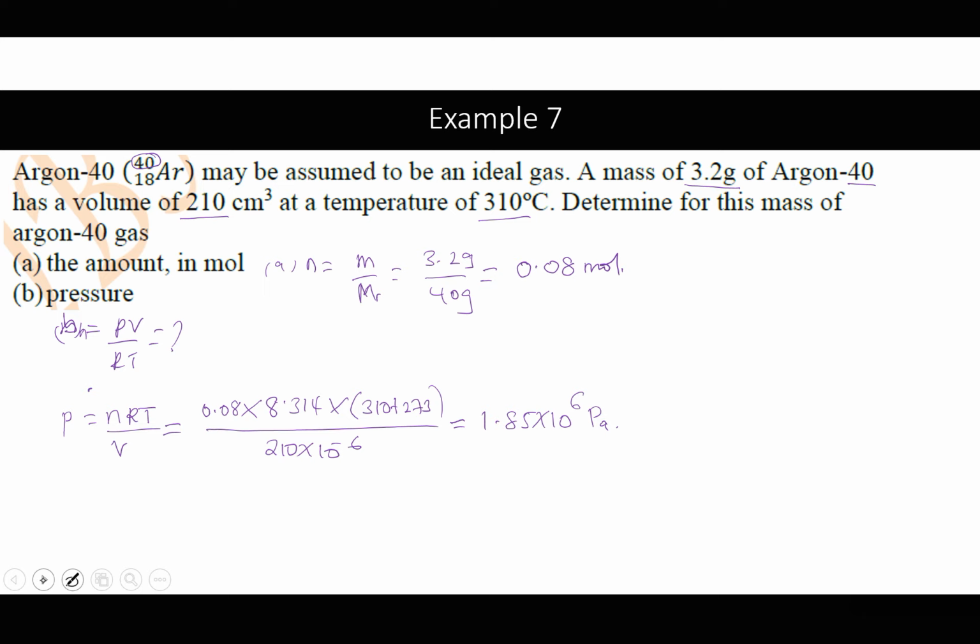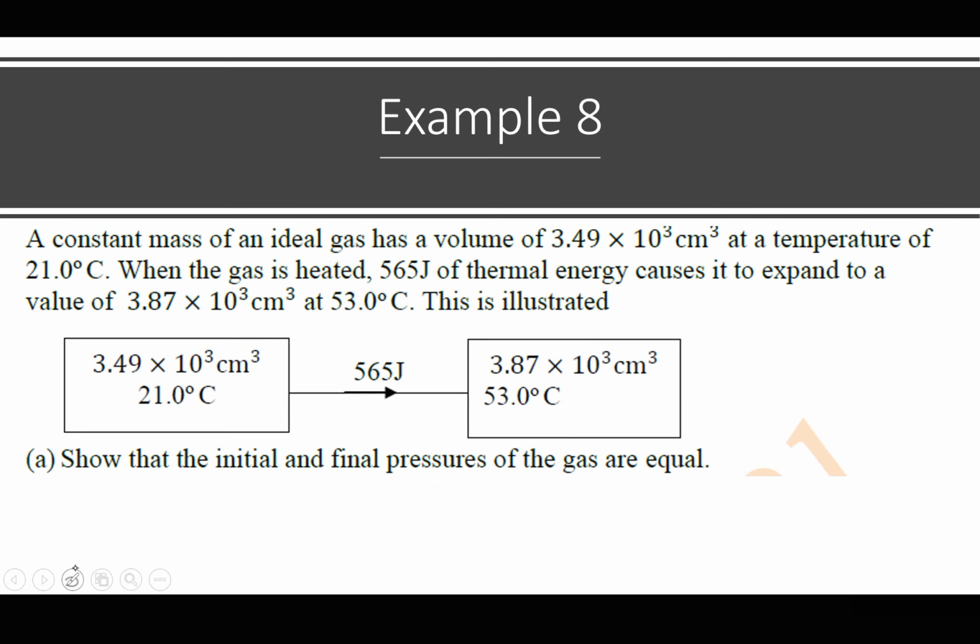Should be number 8, I guess. Number 8. A constant mass of an ideal gas has a volume of 3.49 times 10 power 3. Temperature 21.0 degrees.